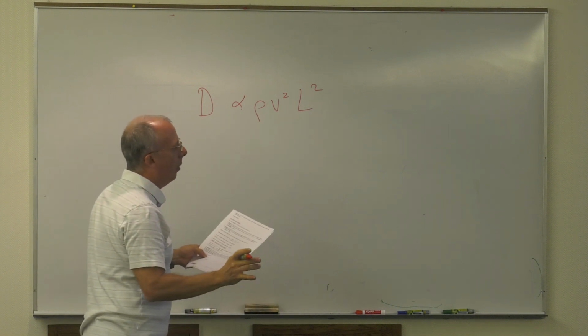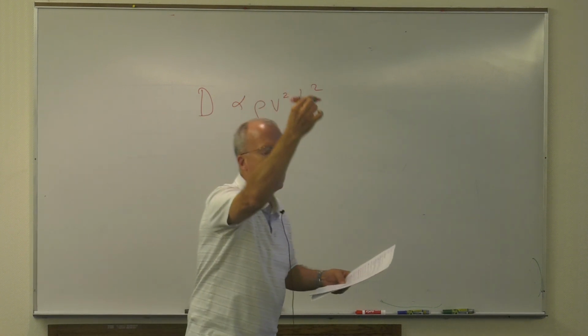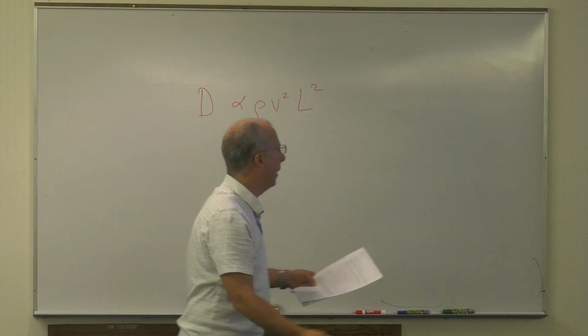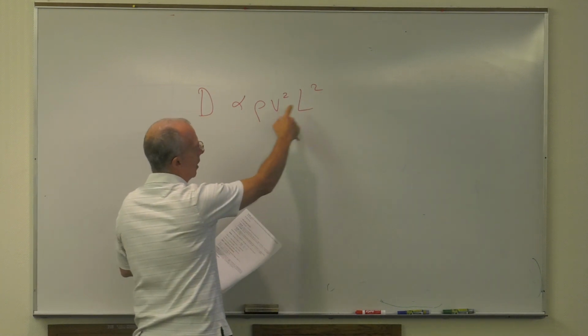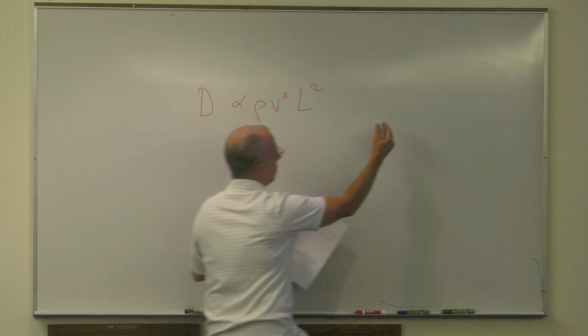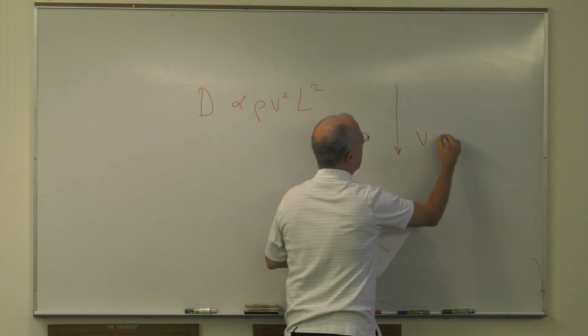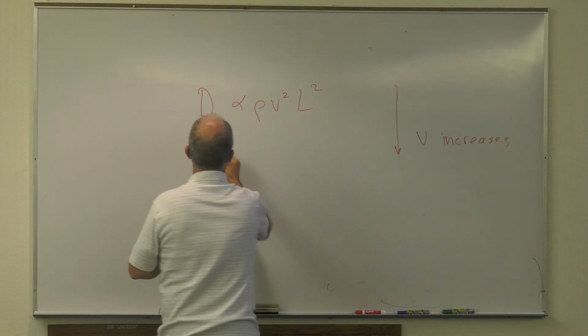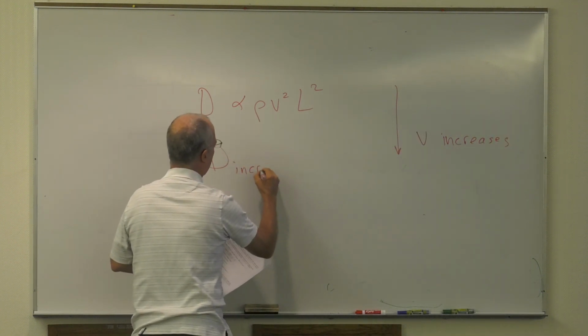All right? So come on, it's falling. So that means gravity's acting on it. So it's going to go faster and faster, right? And so the density is not going to change, the size is not going to change, but since it's in free fall, velocity increases. So if the velocity increases, the drag increases, right?